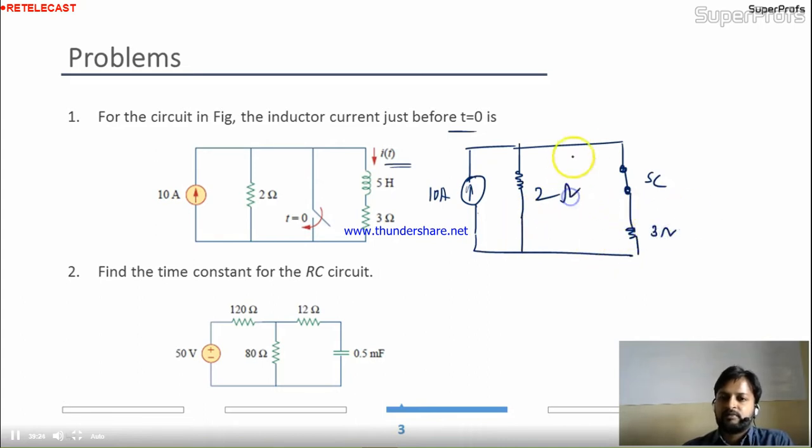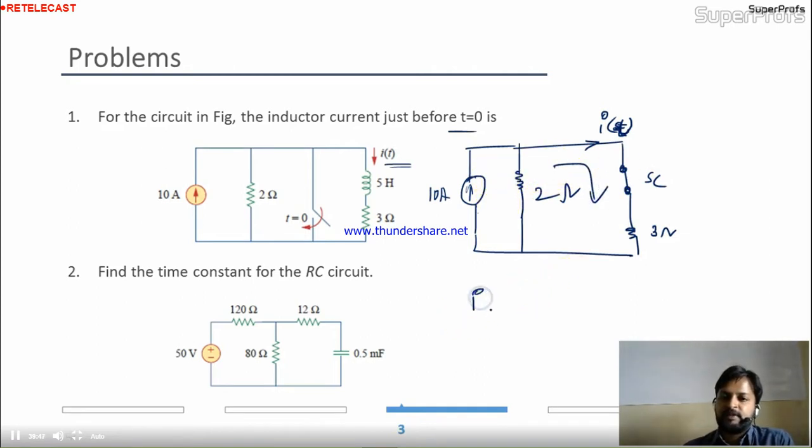3 ohm, 2 ohm, IS. Oh, sorry, IT. Simply we have to calculate IT, right? So the IT will be, okay, we can apply here the current division rule. I need current in this branch.